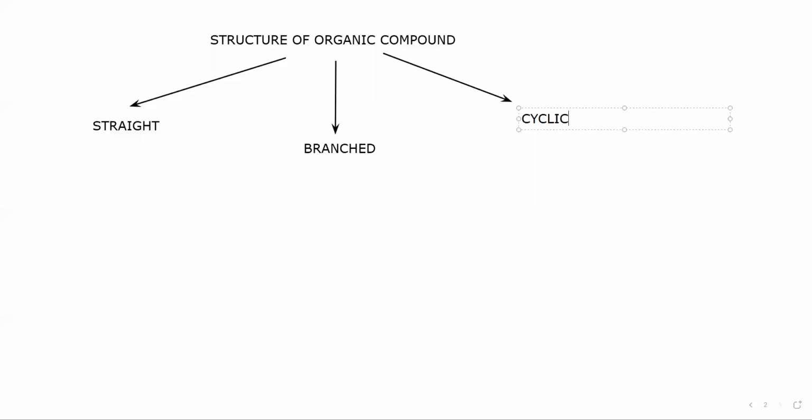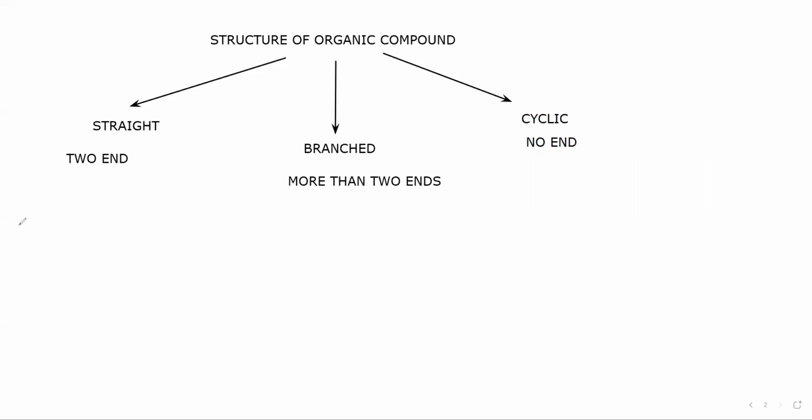So the structure of the organic compound can be straight chain, branched, or cyclic. Straight chain means it will have two ends. Branched means it will have more than two ends. And cyclic means there is no end for the structure, like you cannot identify the starting and the ending point.